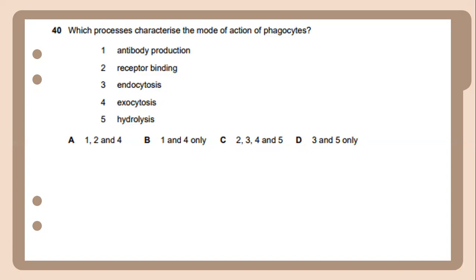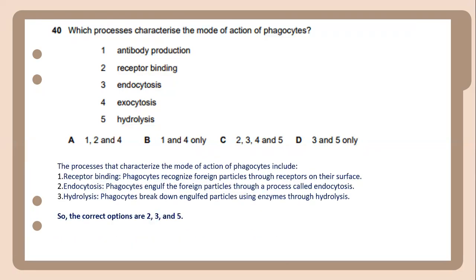Number 40, which processes characterize the mode of action of phagocytes? We have 1, antibody production, 2, receptor binding, 3, endocytosis, 4, exosynthesis, and 5, hydrolysis. Phagocytes recognize foreign particles through receptors on their surfaces, and they engulf the foreign particles through the process called endocytosis. Phagocytes break down engulfed particles using enzymes through hydrolysis.